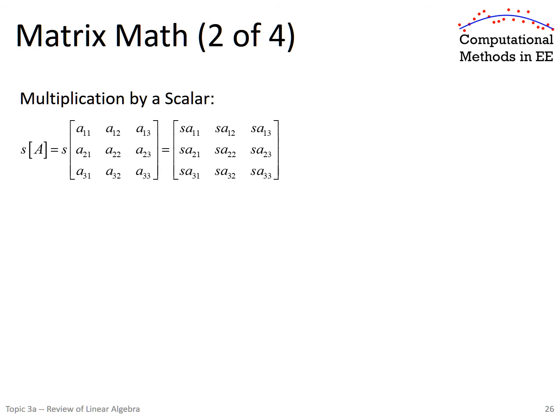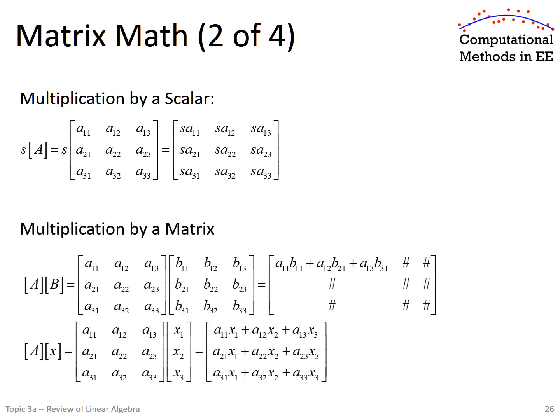Multiplication by a scalar. We just bring that scalar into the matrix and multiply every single element in that matrix by that scalar. Multiplying two matrices together. Hopefully this is review, but we do this weird row column thing.